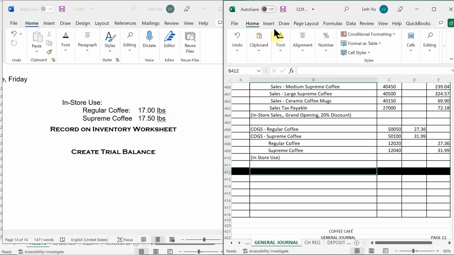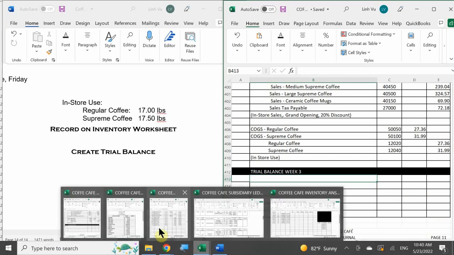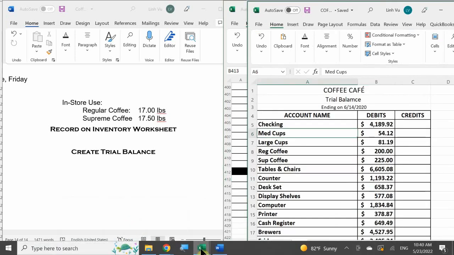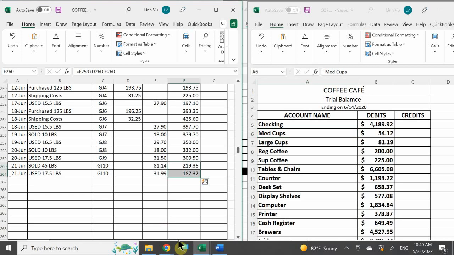Put a bar there, and I'm going to type in white that this is for our trial balance week 3. Save your work.